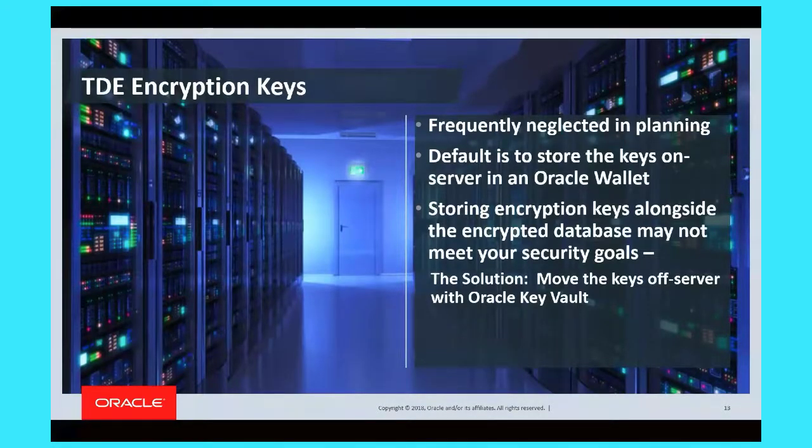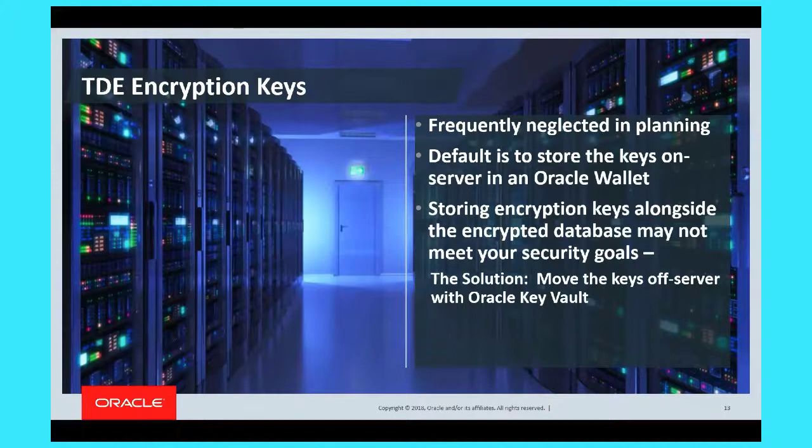TDE encryption implies that you have an encryption key. And encryption keys are stored somewhere. The default place to store an encryption key is in a file called an Oracle wallet. And an Oracle wallet goes to a standard called PKCS12, and it is encrypted and protected by a passphrase, but it's stored on the same server as the encrypted database.